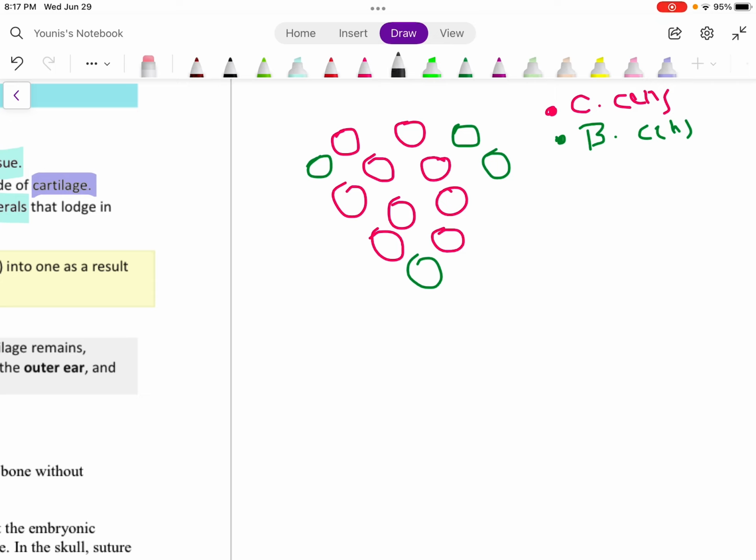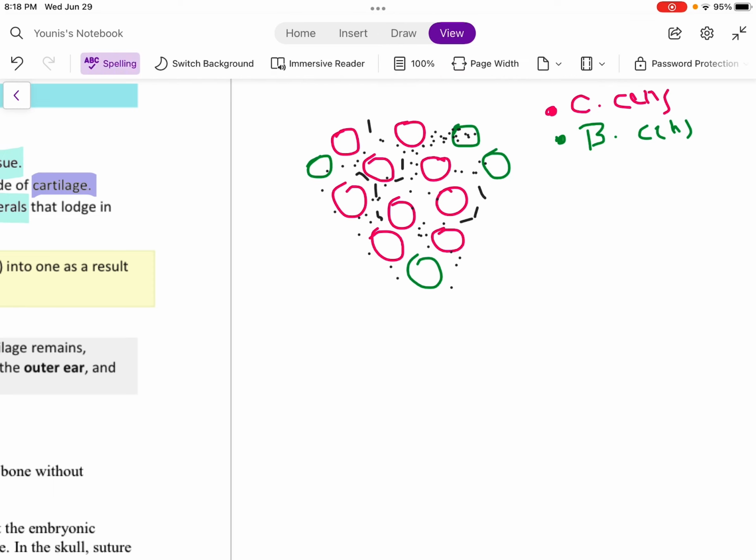These bone cells will start to release minerals, like calcium and phosphorus, and they will fill the cavities located between the cartilage cells. When these cavities are filled, the minerals will solidify the structure, turning the cartilage tissue into a bone tissue. That's what happens during the bone development.